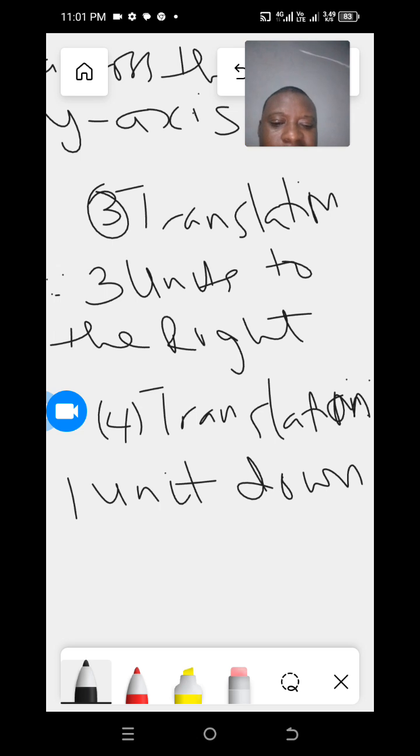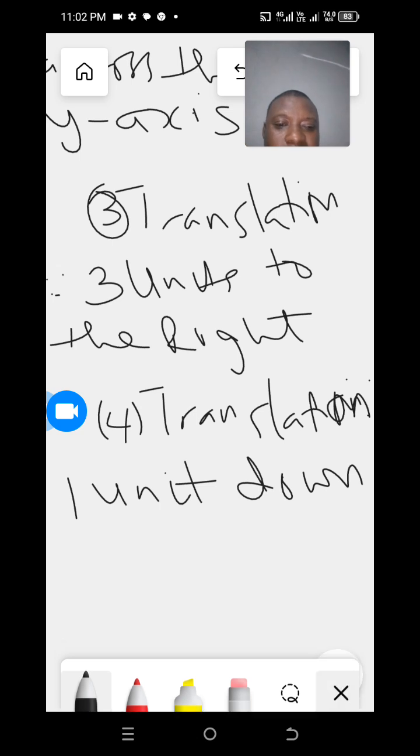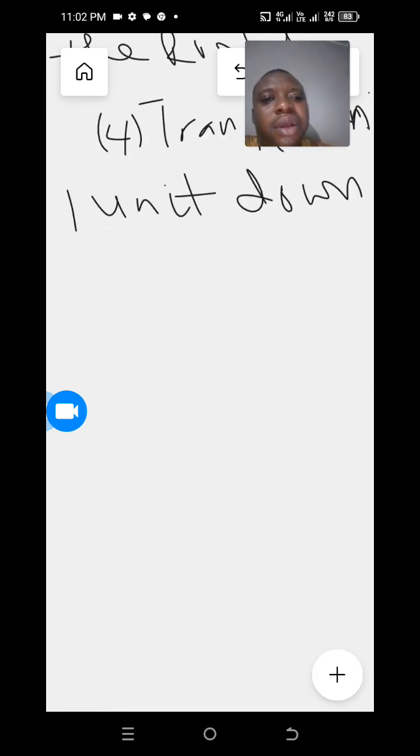The next question says we should sketch the graph of g of x using those transformations.